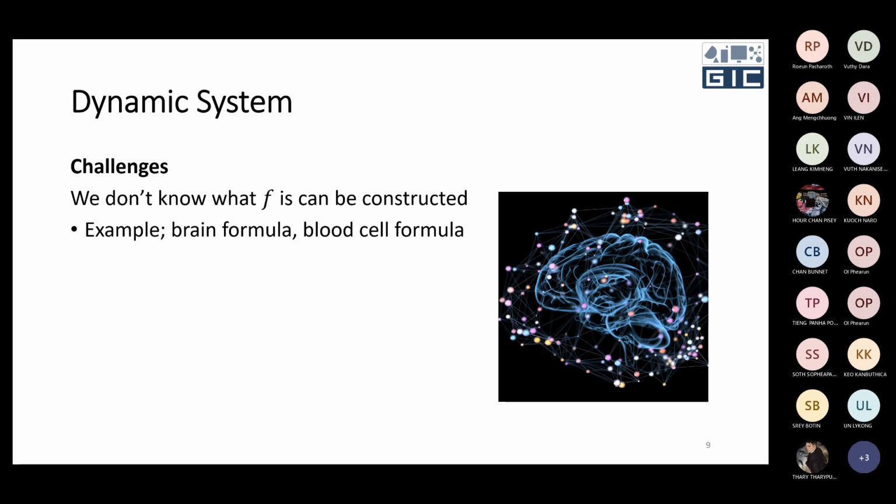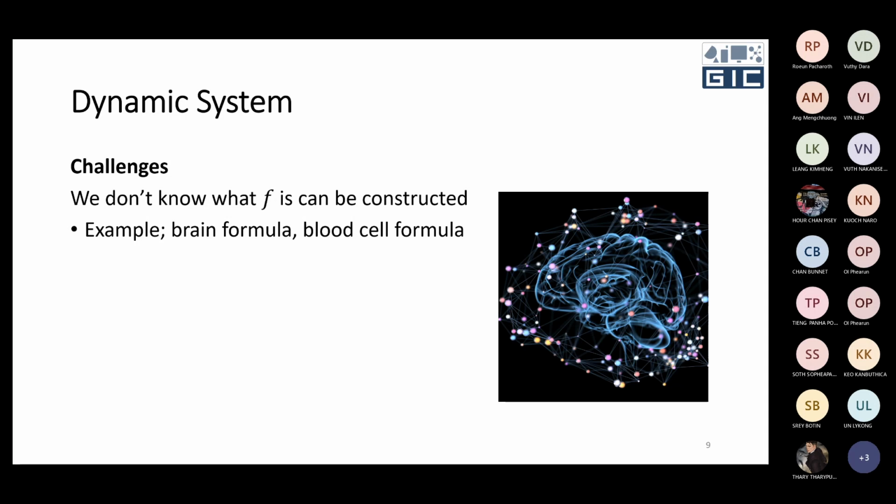Because of how your brain works, you don't have any mechanism or flow that can be represented by a mathematical formula. So our function f cannot be constructed in a specific way. For example, to calculate the roots of a second-degree equation, you have a formula that can be calculated.